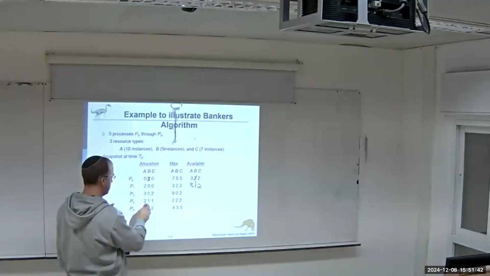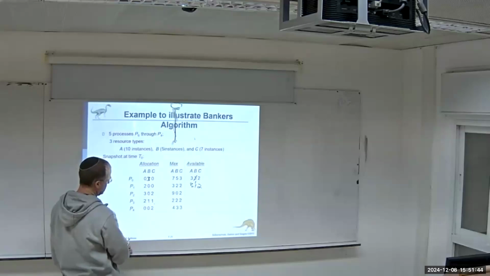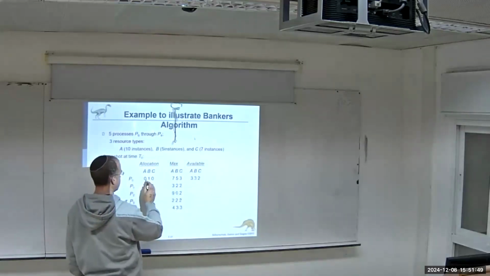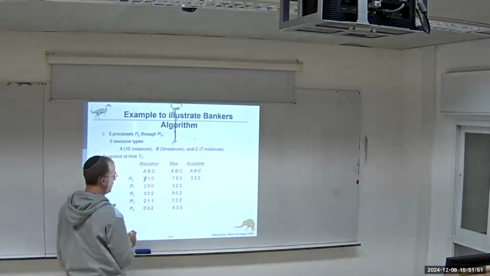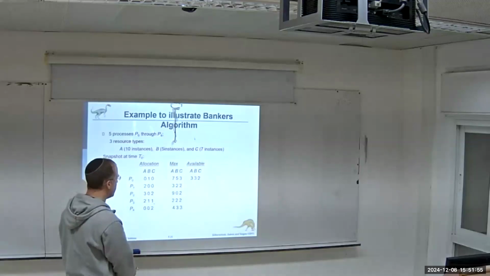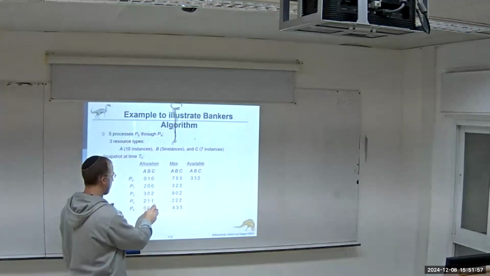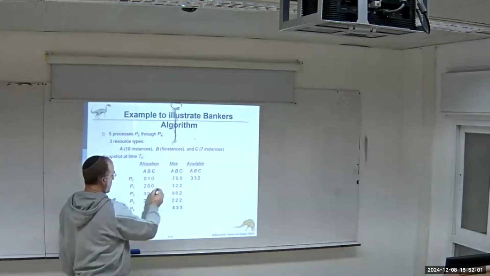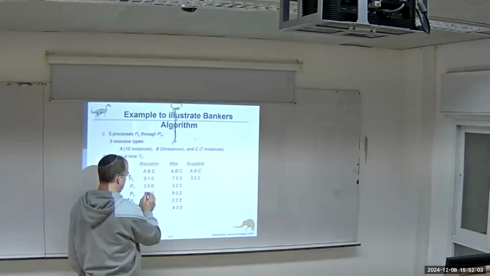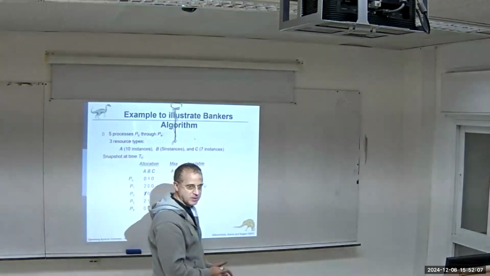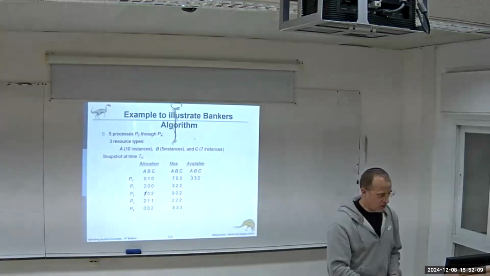Just change P0's A to 3, and it's impossible. I'm trying to find something smaller, but if he asks for 2 Cs, or really if he asked for one, you see that there are obviously requests that can't be fulfilled. That's the point.